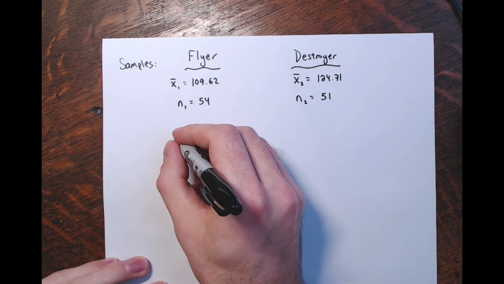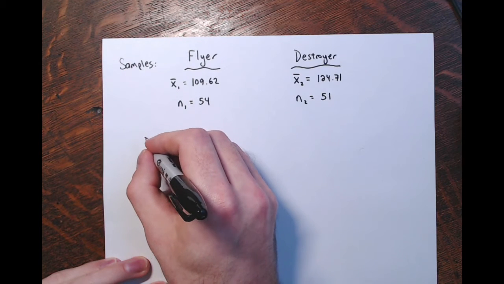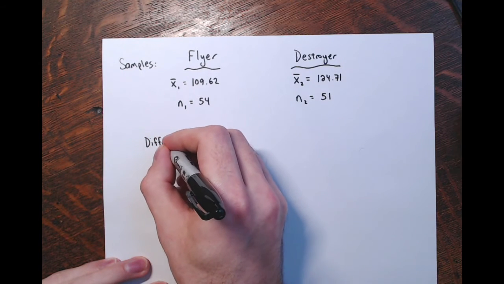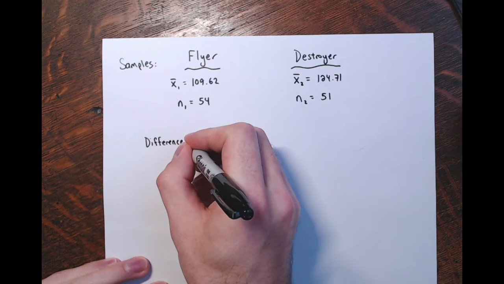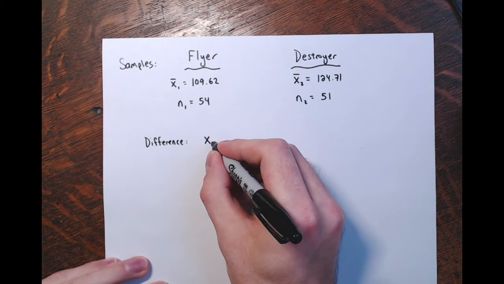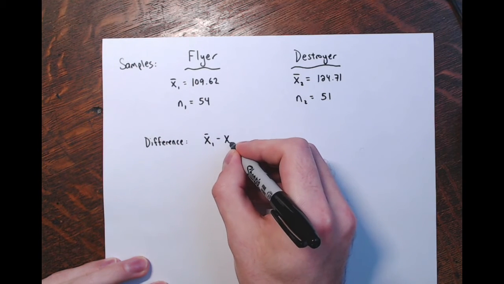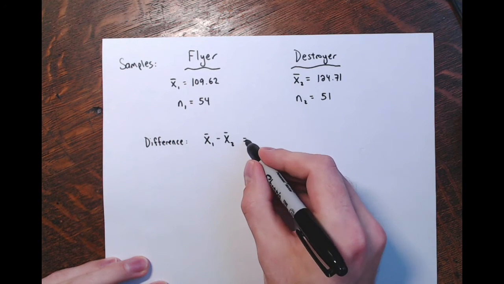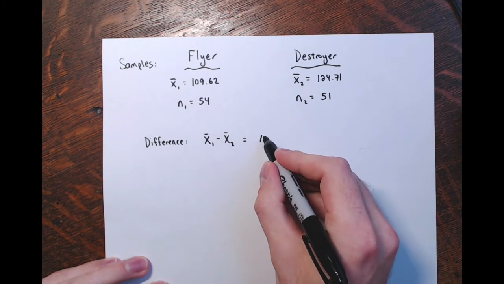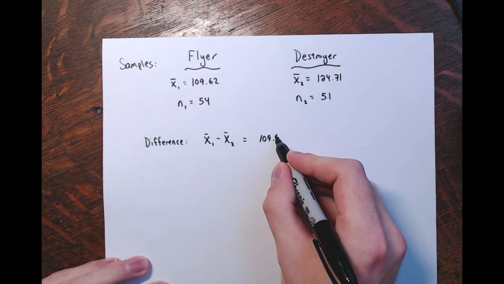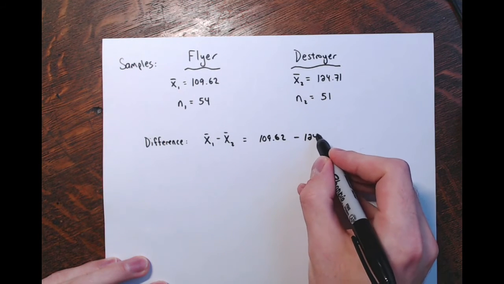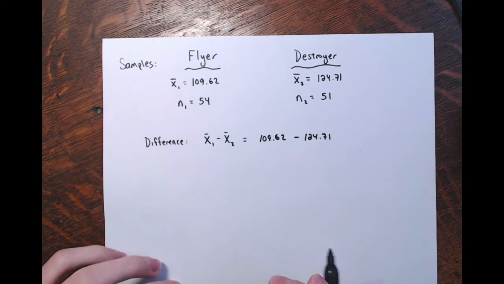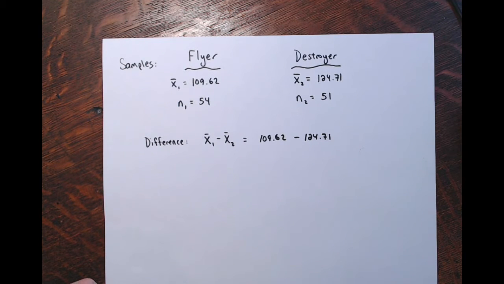Now what we're doing is testing the difference of means, x1 bar minus x2 bar. For our samples, that would be 109.62 minus 124.71. We'll calculate that in a second and use it in our calculation of the test statistic.